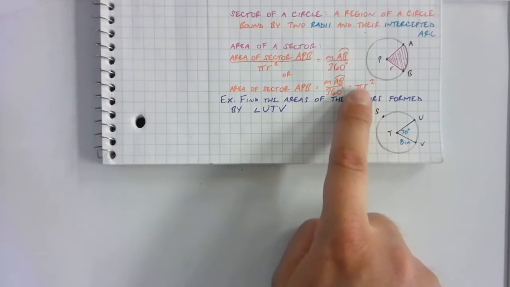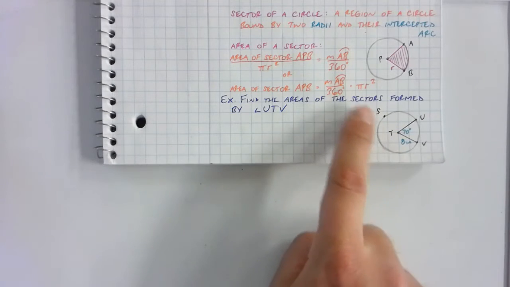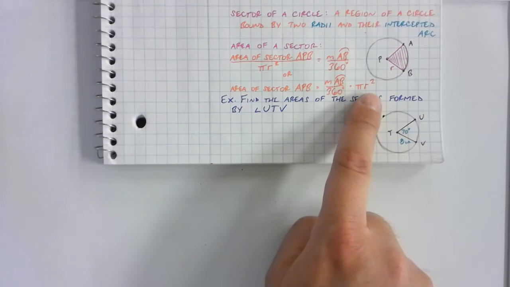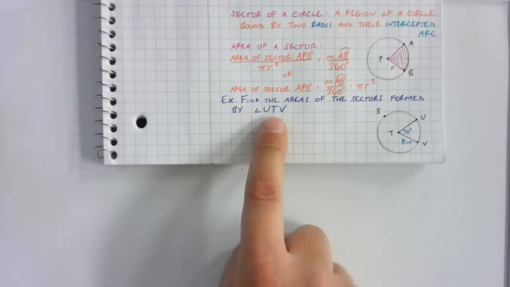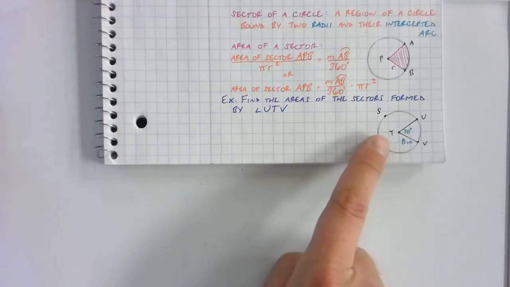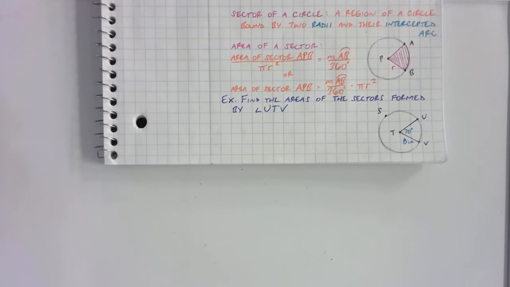So I'm given the arc measurement and the radius. It stands to reason that what I'm going to be solving for here is the area of the sector, as what we're shown here: find the areas of the sectors formed by that angle, that slice.